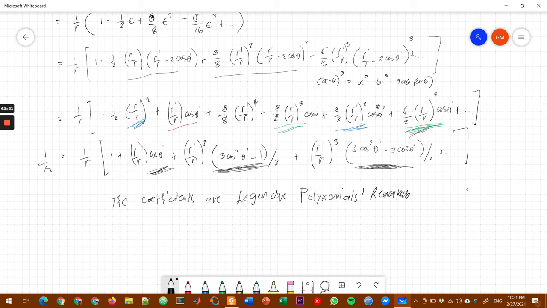Remarkable. So we can simplify that 1 over r as 1 over r summation, series man na siya, n equals 0 up to infinity, then we have r prime over r to the n, and then that's Pn.